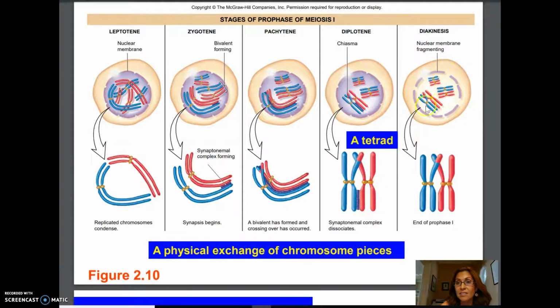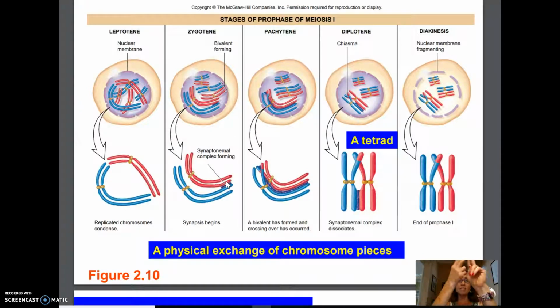But in order to get to this step, the leptotene is the first stage where replicated chromosomes condense and start finding each other. So the chromatid pair from mom and the chromatid pair from dad find each other. They form during the zygotene what we call the synaptonemal complex. This is where a piece of chromosome is going to swap.